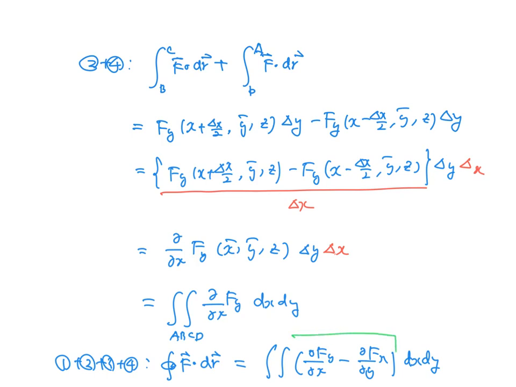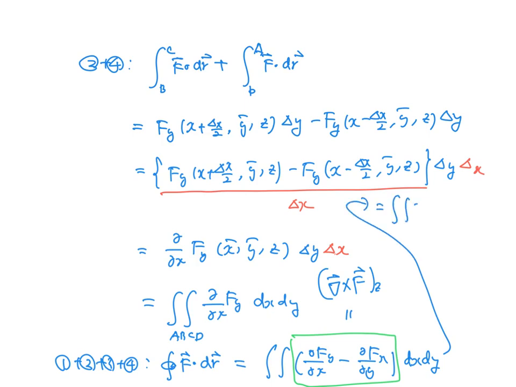This looks familiar, right? What is this? Z component of curl F. This is the same as the curl F z component. Or you can write it this way, curl F z dx dy.